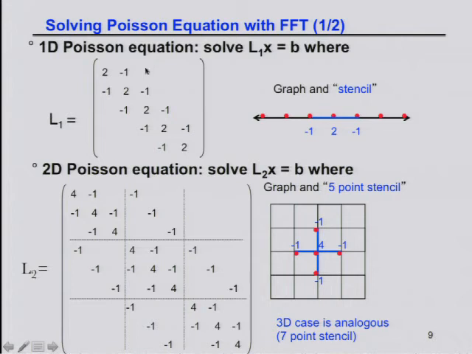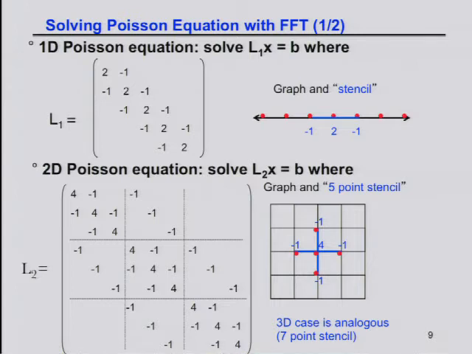So I need to write down the one-dimensional equation and the two-dimensional equation. There's the one-dimensional Poisson equation, L1 times x equals b. I've got to solve that for x. L1 is just a derivative in the x direction, and so it's this nice, simple tridiagonal matrix. It's a stencil, 2 times each entry and -1 times the neighbors. That approximates the second derivative. I don't need the FFT to solve that. That's too easy.